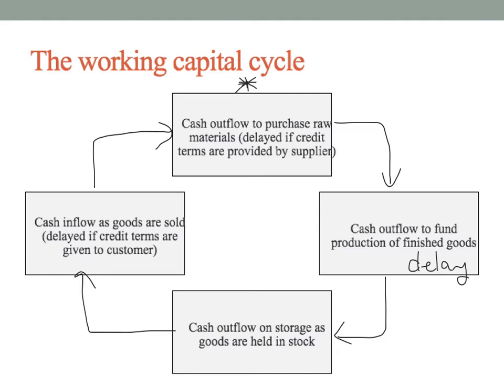But if we go back to the example that I had in class when we do whiskey, and some whiskey is sold at 15 years later, you could see that the delay there might be 15 years. Now, I'll also have to pay out some cash on storage, but you might have to pay only the bare minimum because you might have a perishable product that you literally need to produce and sell.